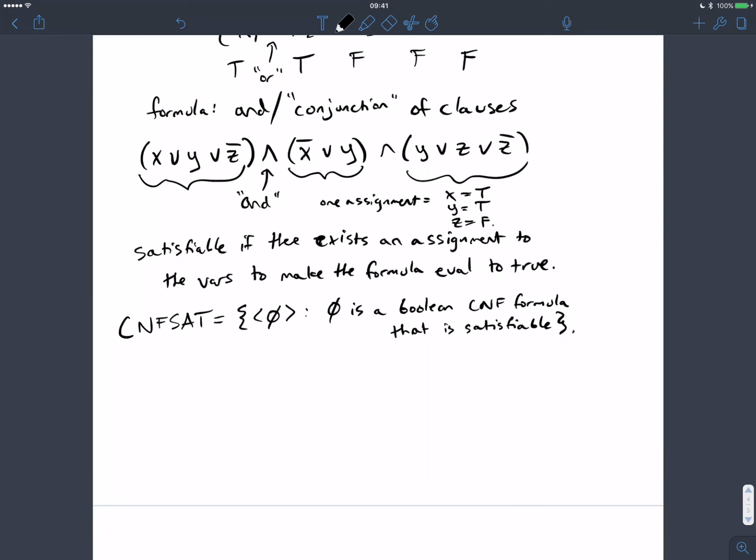So this is the decision problem that we're worried about. We have to accept if the formula given to us is satisfiable, and reject if it's not satisfiable at all.